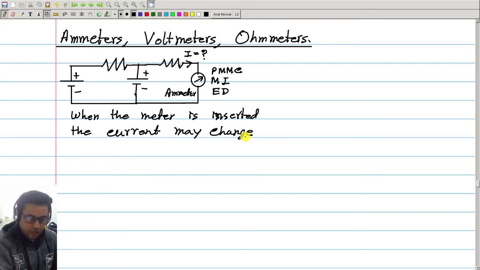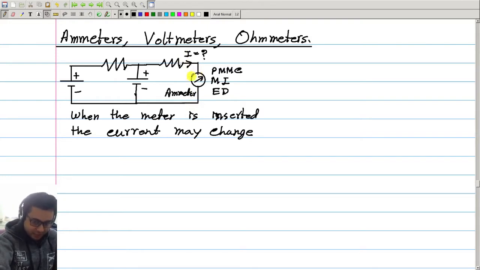Now therefore we would like this current not to change much, and for that we need the impedance or resistance of this meter to be as small as possible, so that when you add this instrument, this current is not changed.